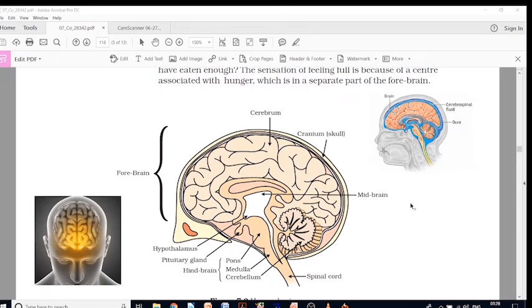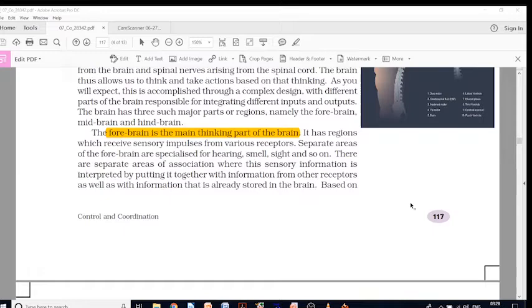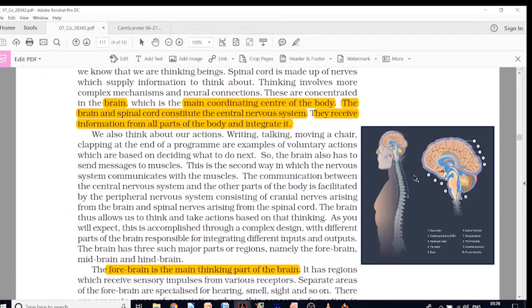It extends downwards from the medulla oblongata. Here you can see this picture. This is the medulla oblongata, and then the spinal cord extends down from the medulla oblongata up to here. It extends down, and it is protected by the vertebral column.